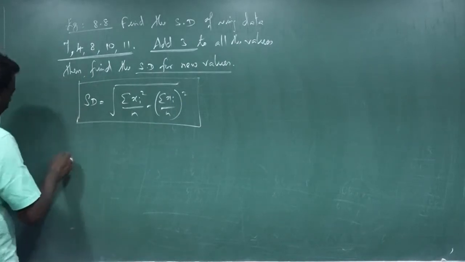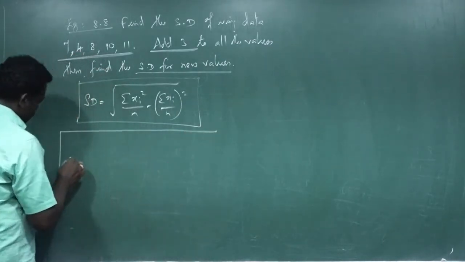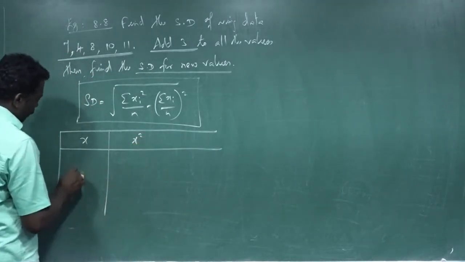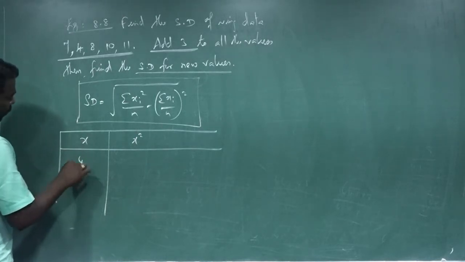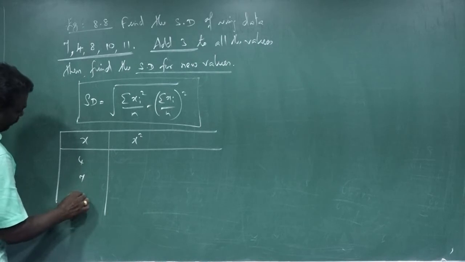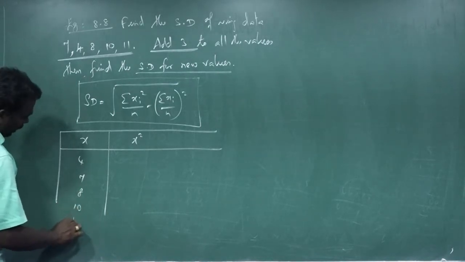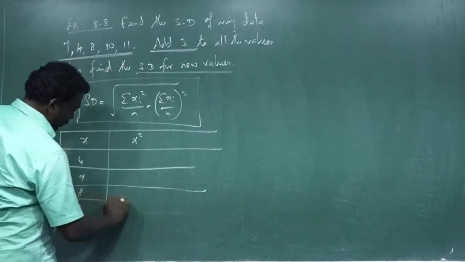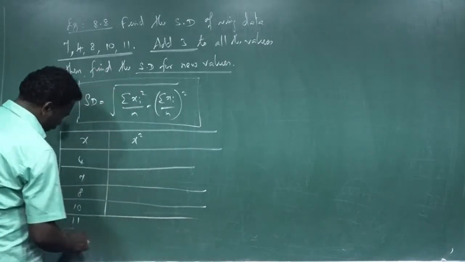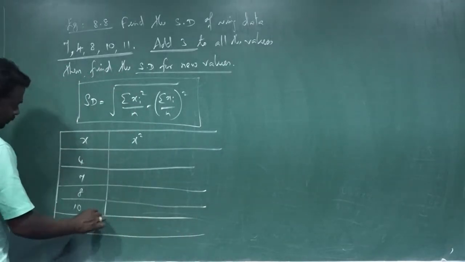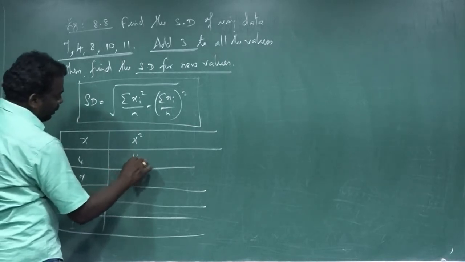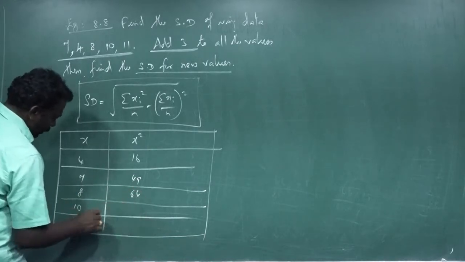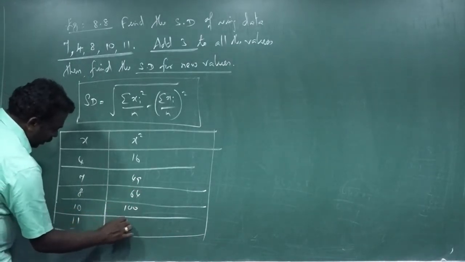So first we have to form a table: x value, then x square value. X values written in ascending order: 4, 7, 8, 10, 11. Square the terms: 16, 49, 64, 100, 121.